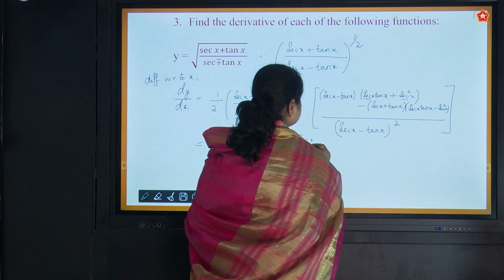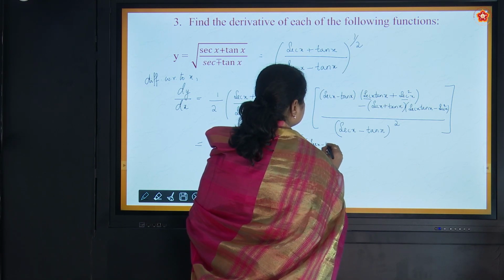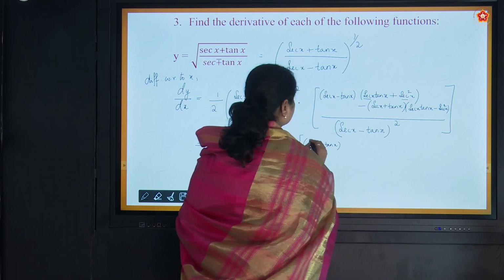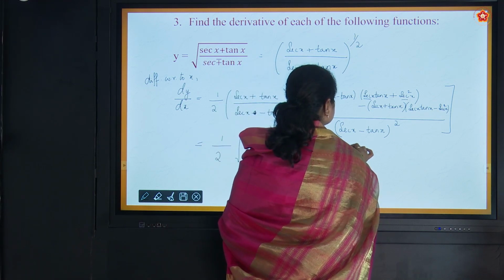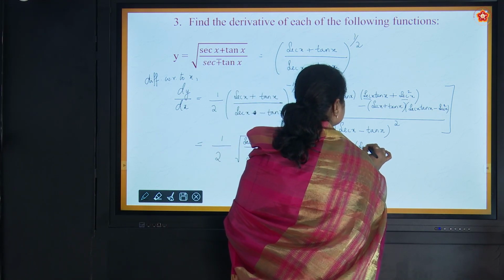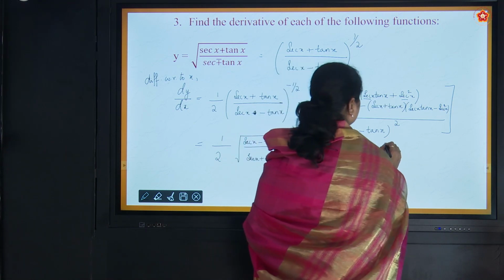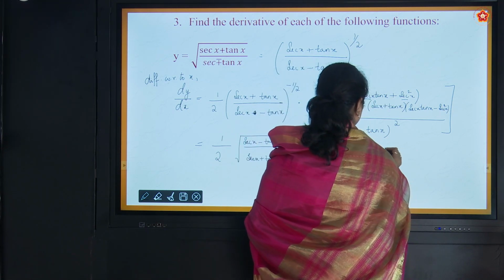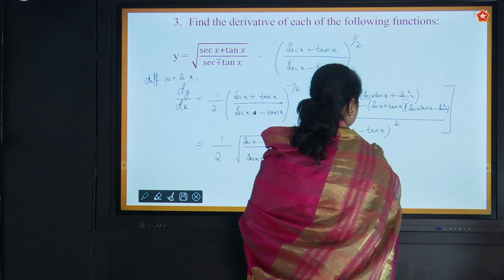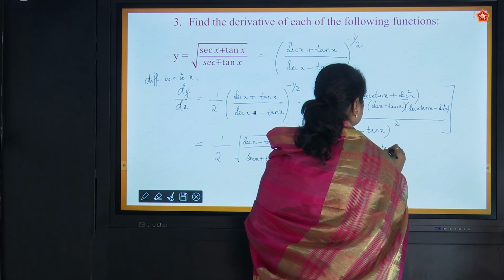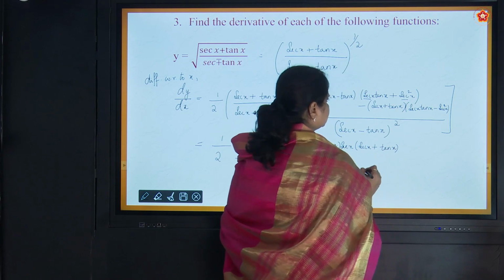So I will write it as secant x minus tan x into secant x plus, so secant x taken out, you will have tan x plus secant x or secant x plus tan x, however you want, you can write it.